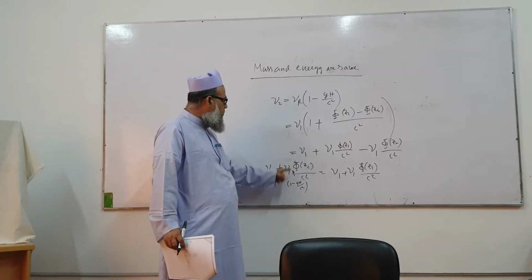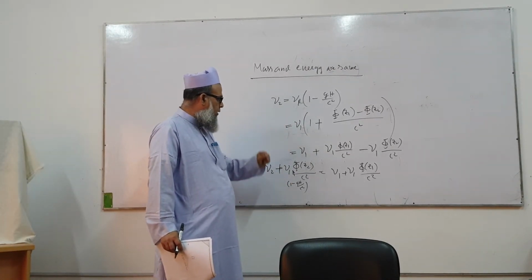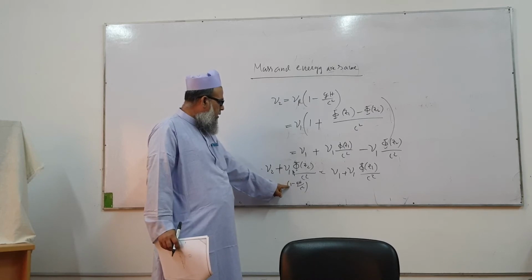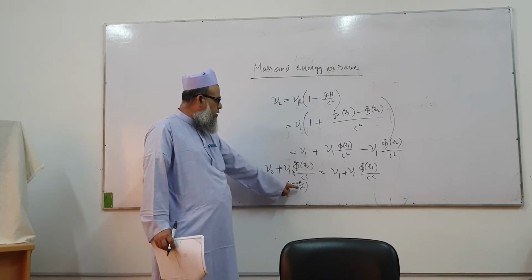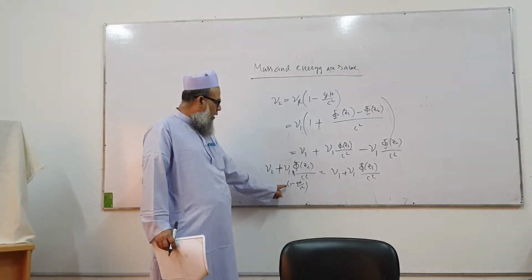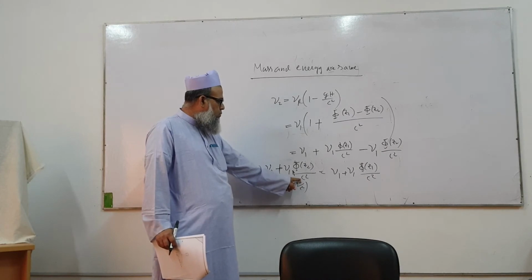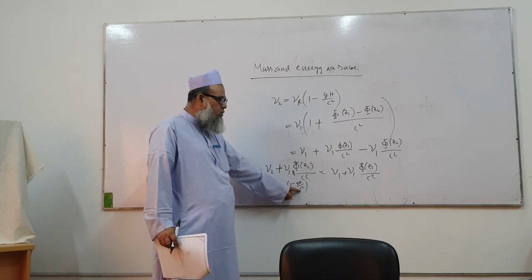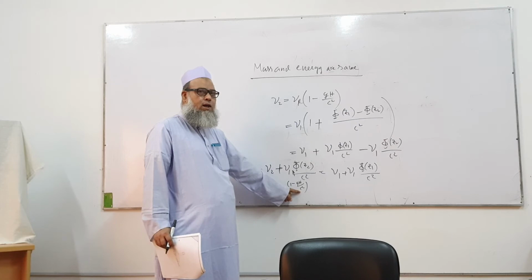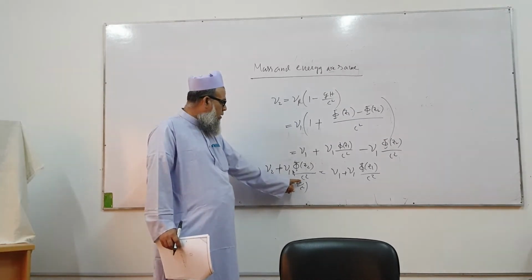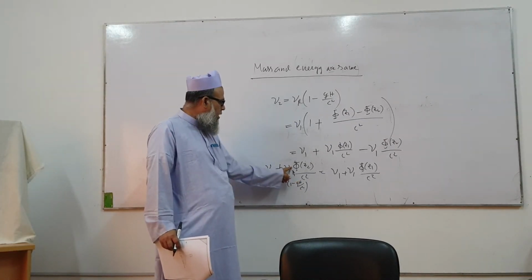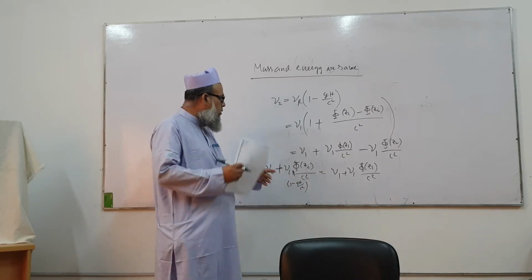Why do I do this? Because we want the relation important. Another thing, this can be replaced here because this is about 1. 1 minus gh by c square: h is very small, g is very small, c square is bigger and bigger and bigger. So this is about 1. So as I insert it here, nu1 times 1 minus gh by c square becomes nu2.